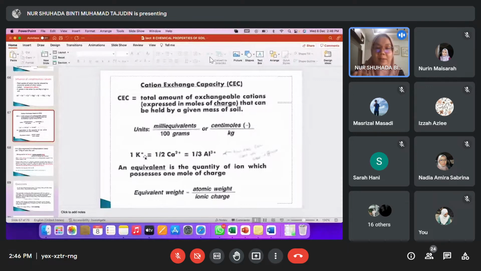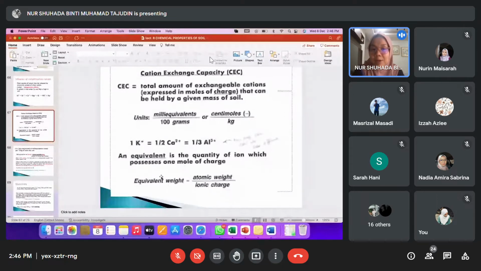I think you won't understand this calculation yet, but listen, and later when you study you will understand. This is just about the conversions of unit and the theory of the calculation. So please remember, equivalent weight equals atomic weight, in grams, per charge. So milli equivalent is mg over 100 grams of soil.